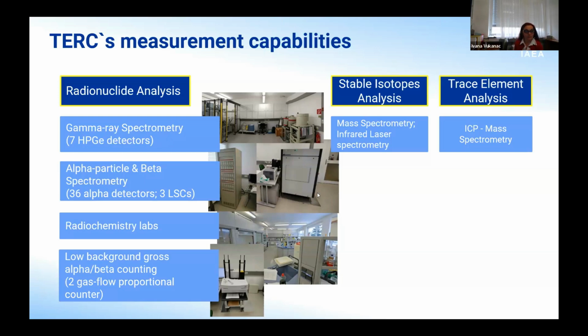We have well-established alpha spectrometry and beta spectrometry with 36 alpha detectors and 3 liquid scintillation counters. For sample preparation, we have a nice radiochemistry lab, and also we have 2 gas flow proportional counters for measurement of gross alpha and gross beta activity.